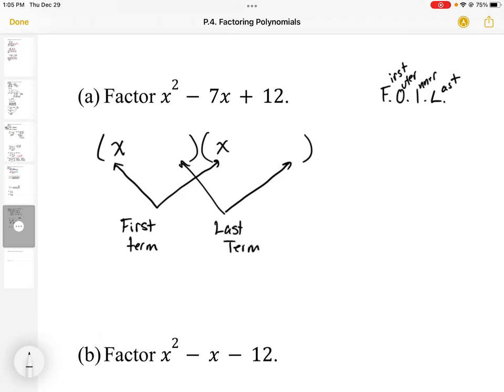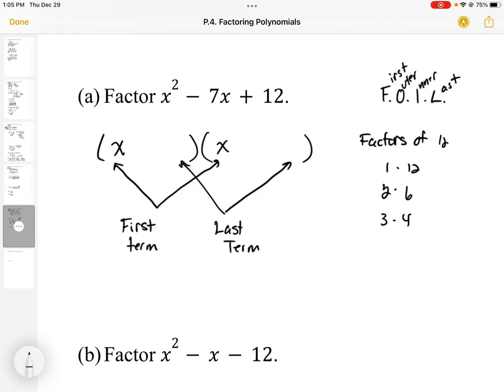So we're looking for factors of 12. We could have 1 times 12, we could have 2 times 6, we could have 3 times 4, or we could swap those around: 12 times 1, 6 times 2, 4 times 3.